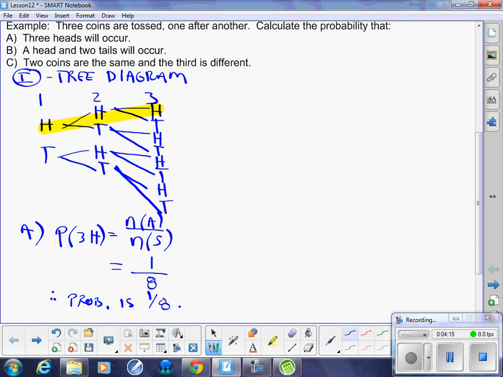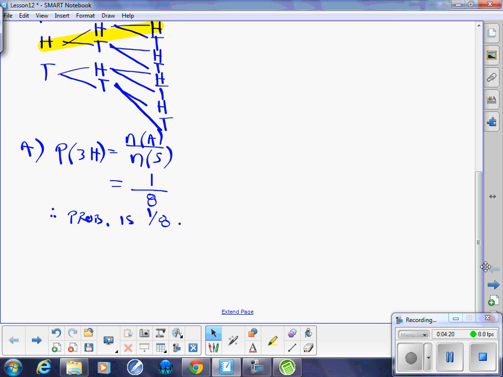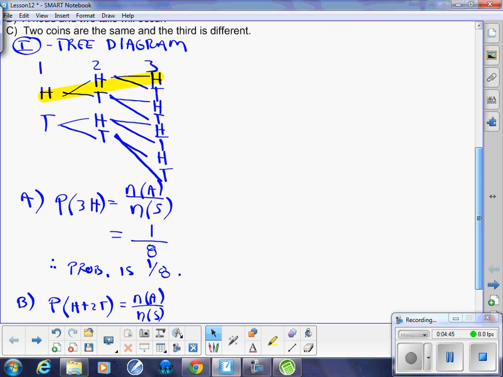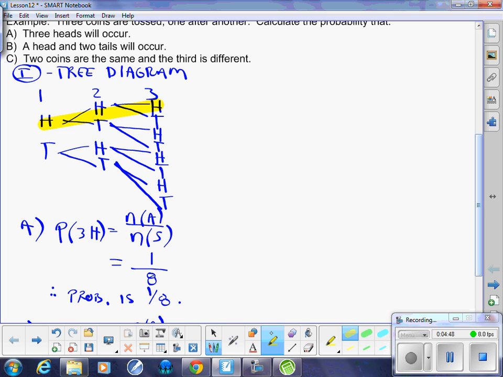Part B. A head and 2 tails will occur. Same thing here, moving my way down. The probability of a head plus 2 tails equals, again, n(A) over n(S). I know there are only 8 possible outcomes here from the tree diagram, but now I have to find the number of pathways that would result in a head and 2 tails.